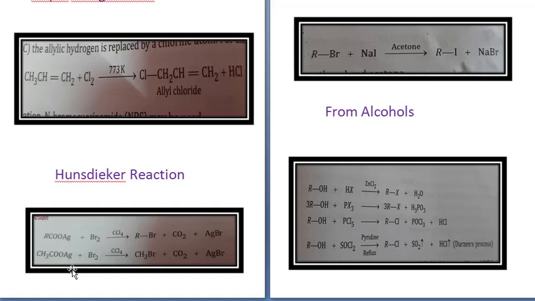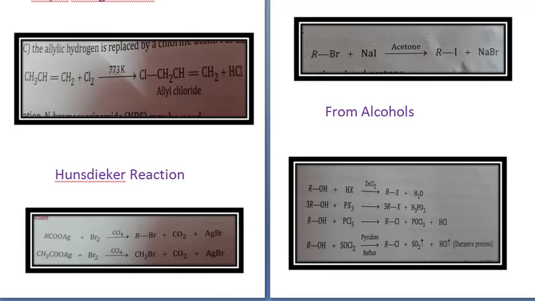So this is Hunsdiecker reaction. You are treating the halogen with the silver salt of the acid. So the example has been given over here. CH3COOAg plus Br2 in presence of CCl4. It gives you CH3Br plus CO2 plus AgBr.